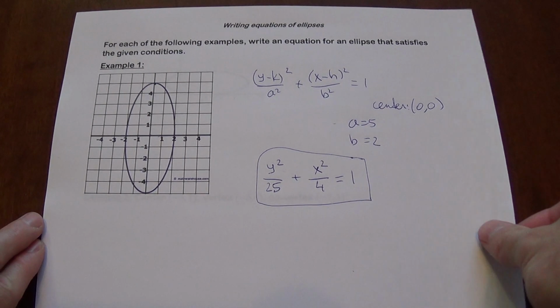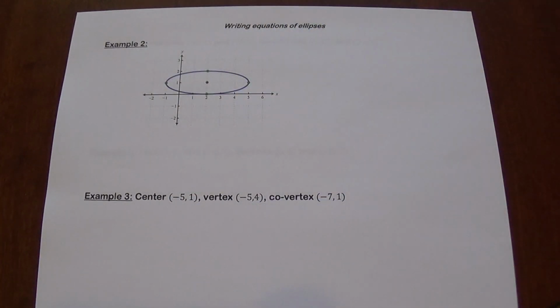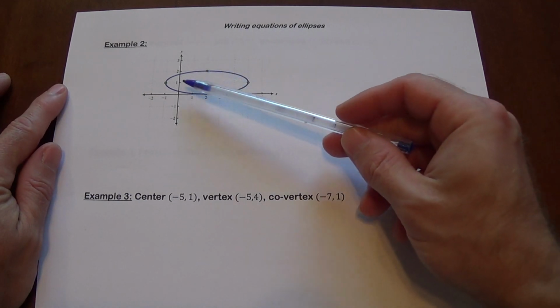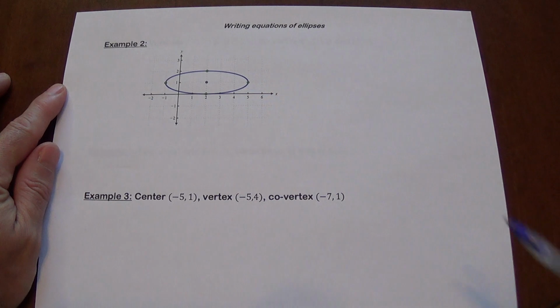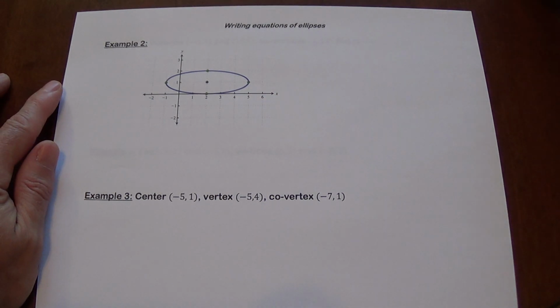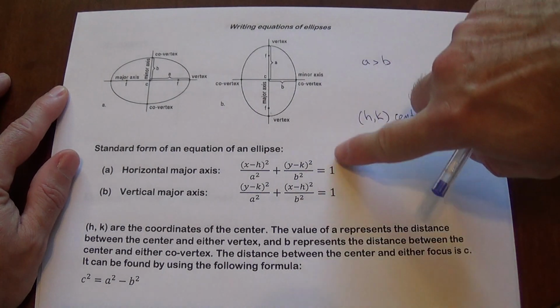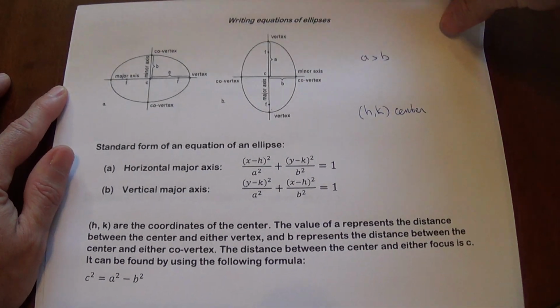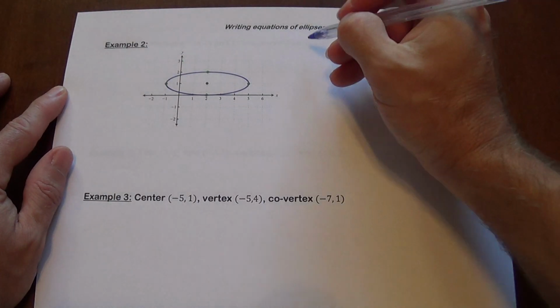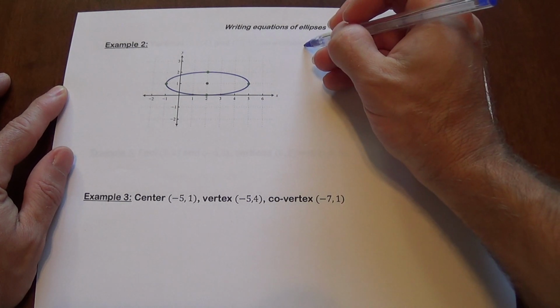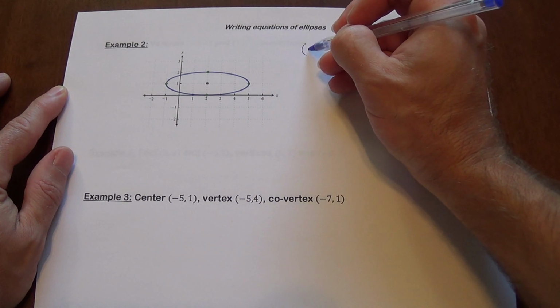Let's take a look at another problem, a little bit more challenging. Here we have a center not at the origin, and please note that this one has a horizontal major axis, so it is the first equation that we're going to use, the one that starts with x. We have the center at (2, 1).